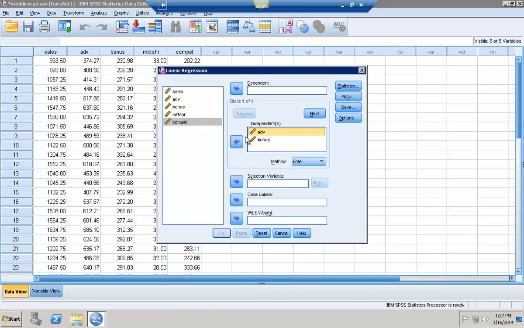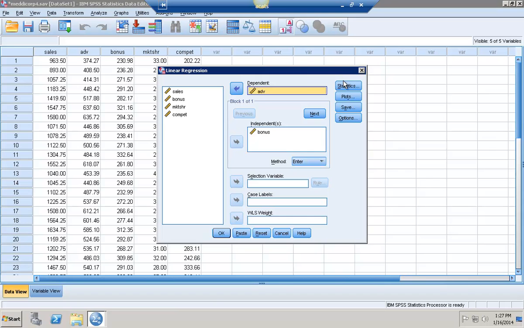I'll just do this variance inflation factor calculation using advertising and bonus. If I take out advertising and make it my dependent variable, to calculate the VIF, what you need to do is regress one independent variable on the other independent variables. Here there are only two independent variables, so I only have to do this once.